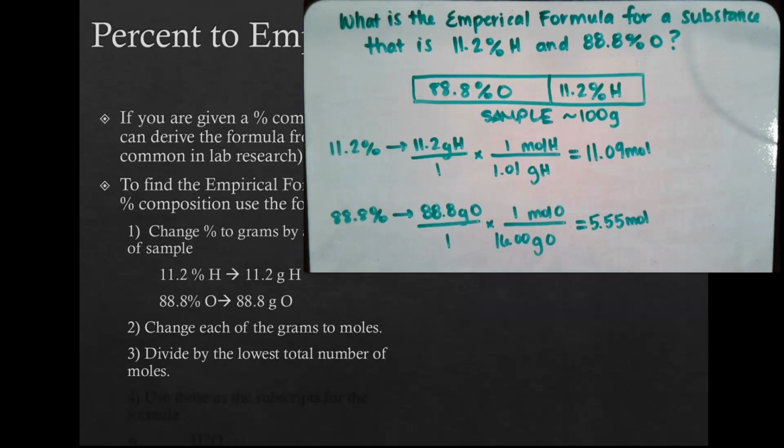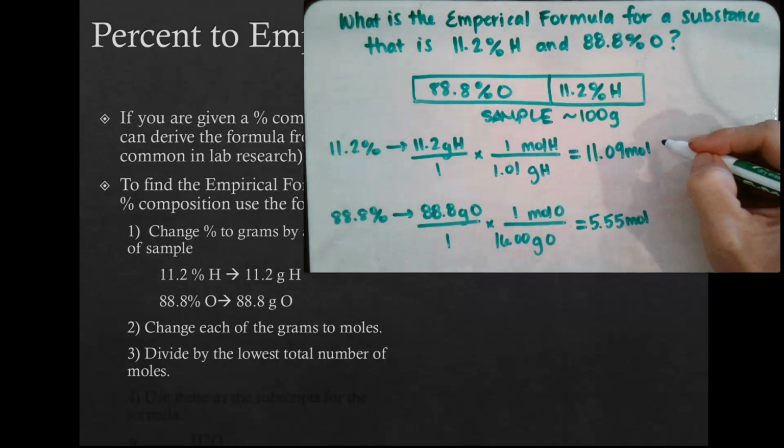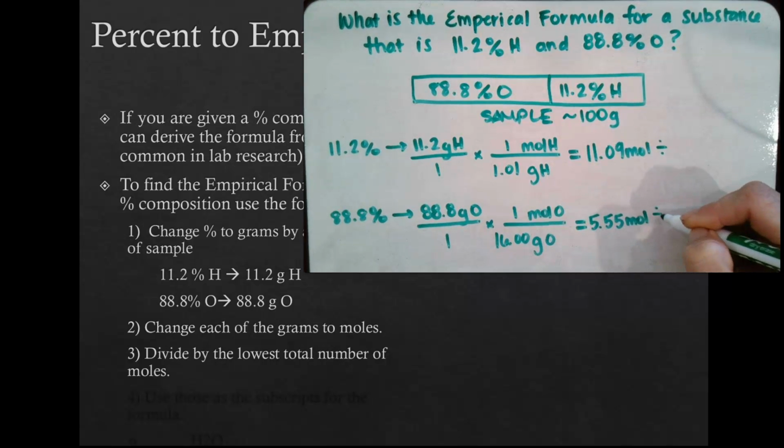So what we're going to do now is divide by the lowest number of moles. You look at these two numbers, 11.09 and 5.55, and decide which one is smaller: 5.55. So I'm going to divide them both by 5.55.